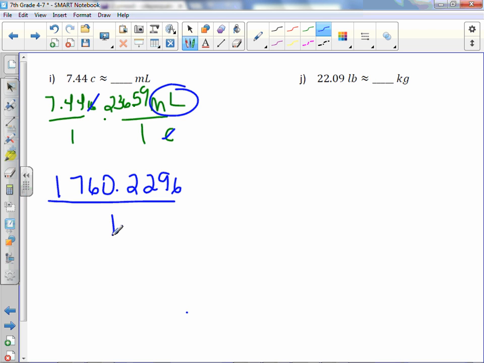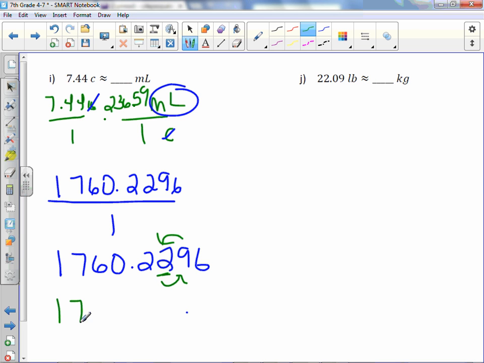Your denominator is 1. Divide it out. 1760.2296. Round to the hundredths place. Find your place. Look next door. 5 or greater. Add 1 more. So 1,760.23 milliliters.